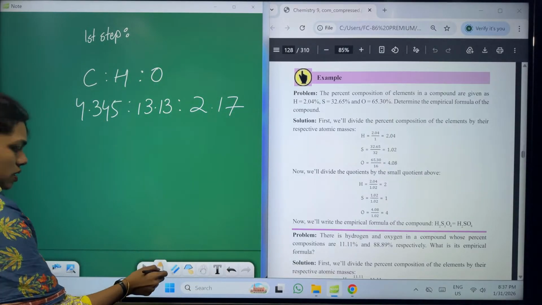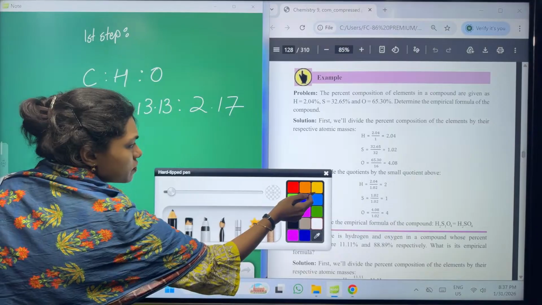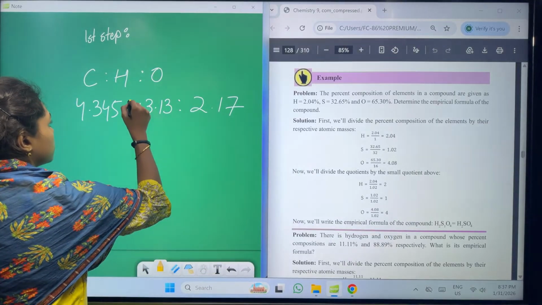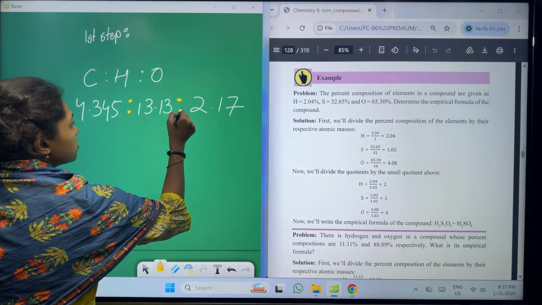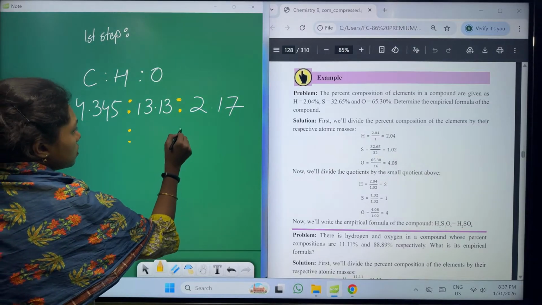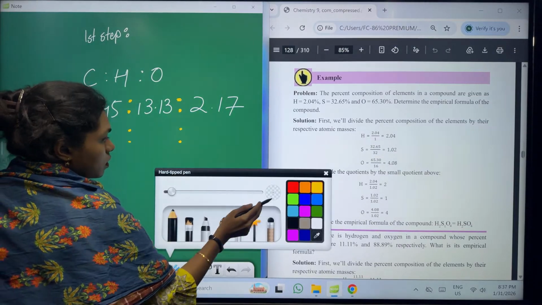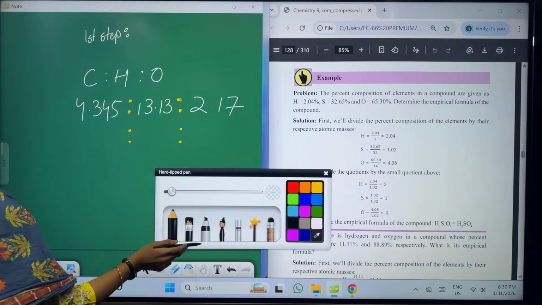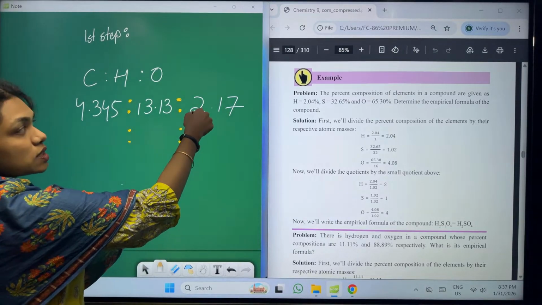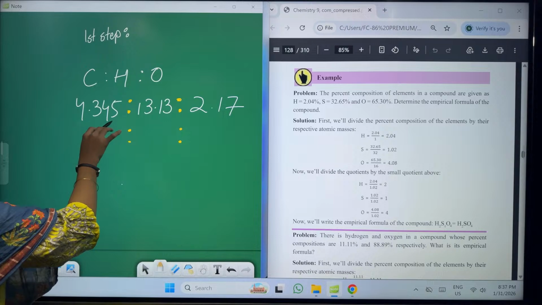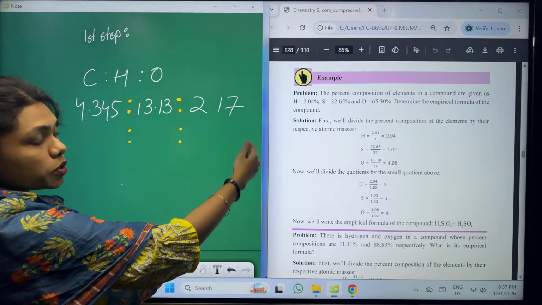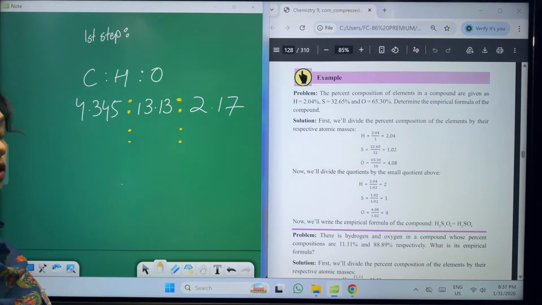Let me use a different color. I'm going to use the smallest value out of these 3: 4.345, 13.13, 2.17. The smallest value is 2.17.